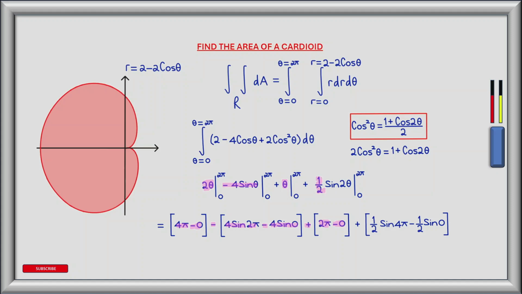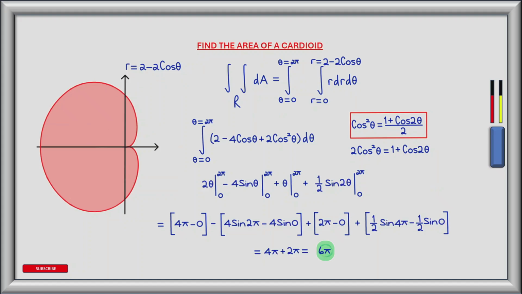And for 1/2 times sine 2 theta, we have plus 1/2 times sine 4 pi minus 1/2 multiplied by sine of 0. All terms involving sine evaluate to 0 and therefore cancel out. We're then left with 4 pi plus 2 pi, which is equal to 6 pi, and our final answer.